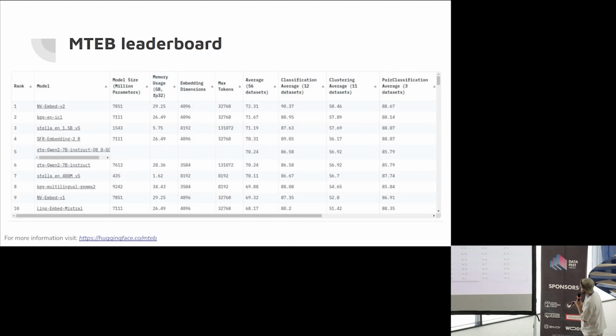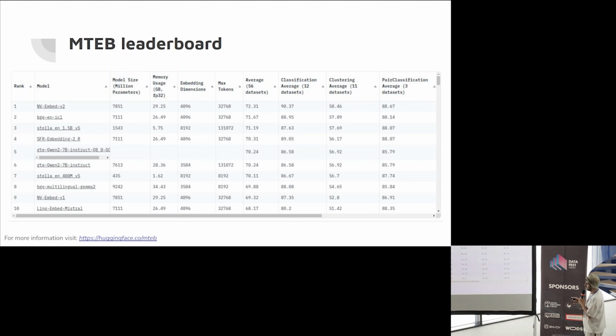And just to show what it looks like in the MTEB benchmark: MTEB stands for Massive Text Embedding Benchmark, and it has different categories. This is just the average benchmark for all of them. As you can see, the first model is NV-Embed from NVIDIA.